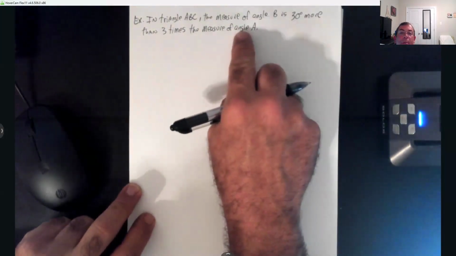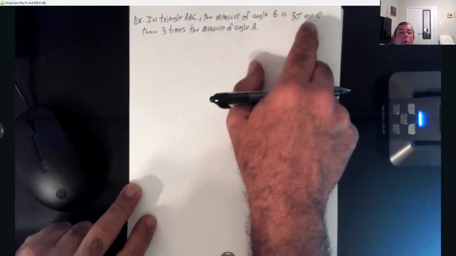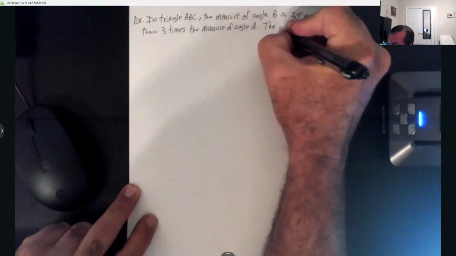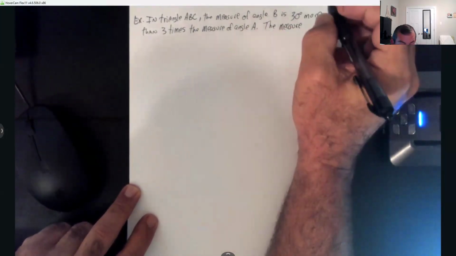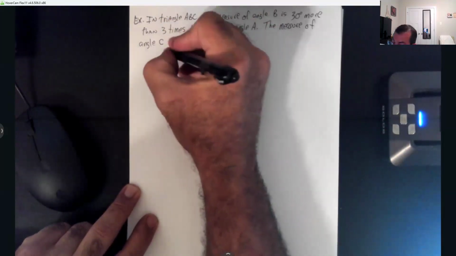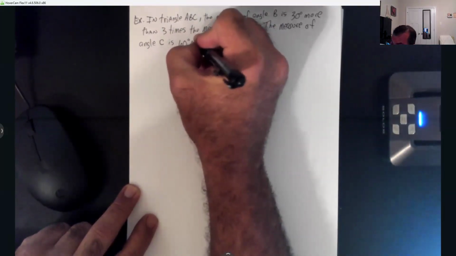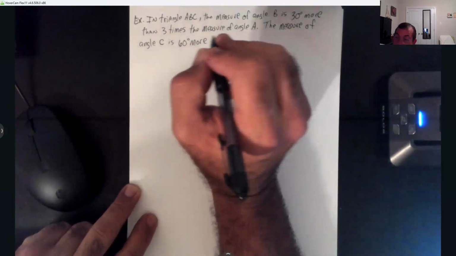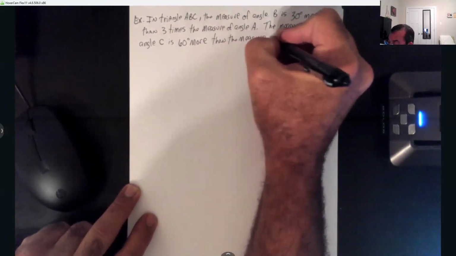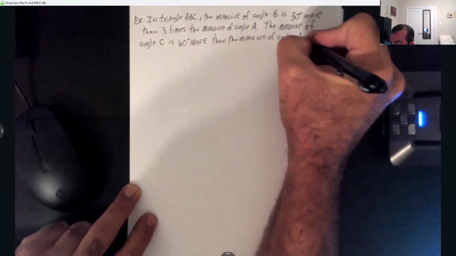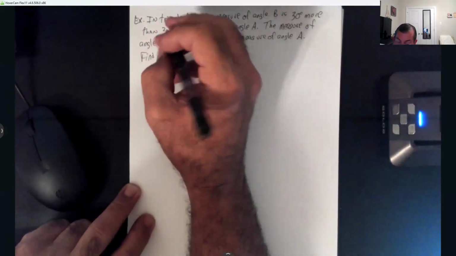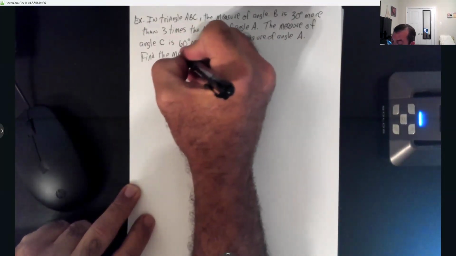So that's one equation they're giving me. B is going to equal 30 more than 3 times A. So the second equation, the measure of angle C is 60 degrees more than the measure of angle A. So at that point, they say, find the measure of each angle.